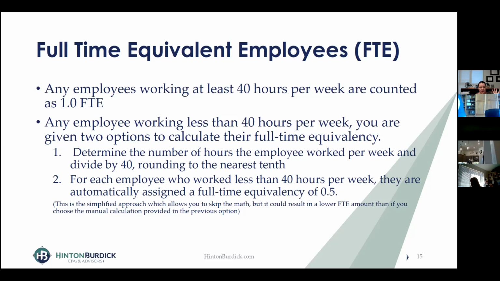But you have to be consistent. You have to use either option 1 or option 2 on both your base period determining full-time equivalents and during your covered period full-time equivalents.